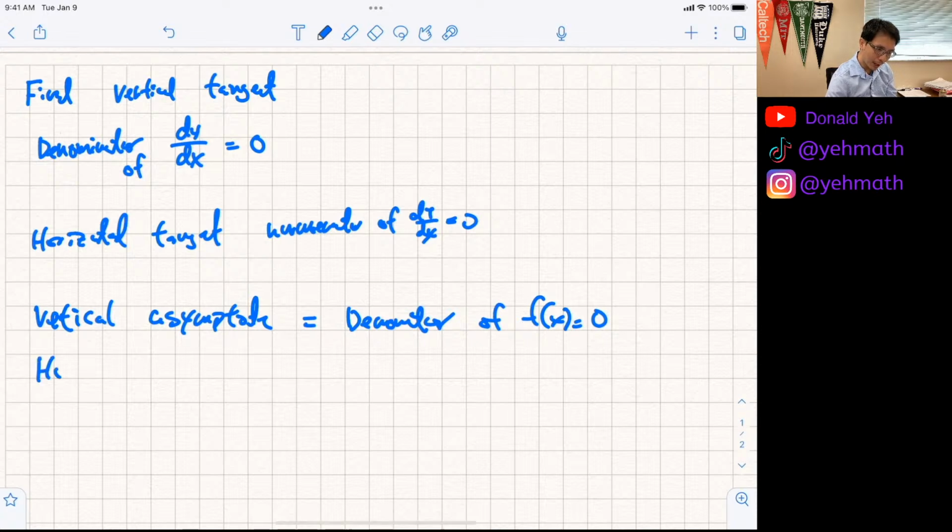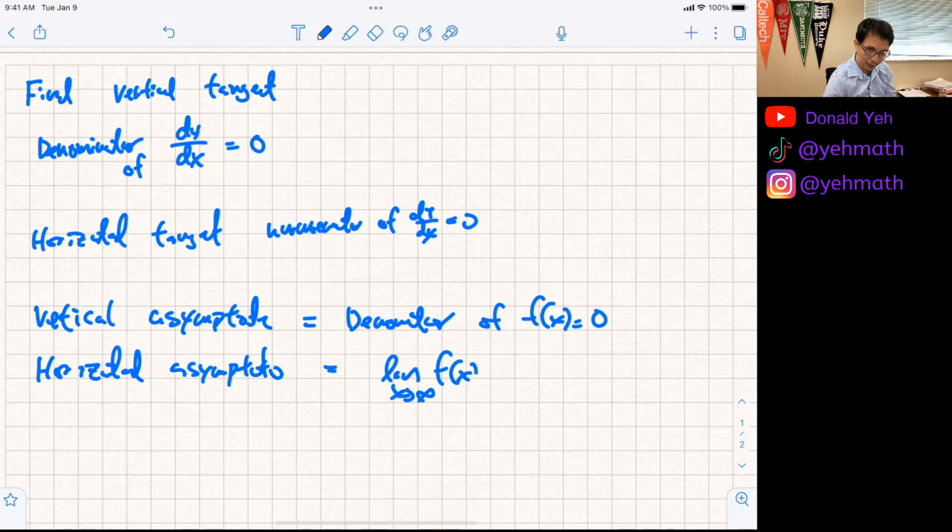And the horizontal asymptote is limit as x approaches infinity of f(x) equal to L, or limit as x approaches negative infinity of f(x) equal to L.